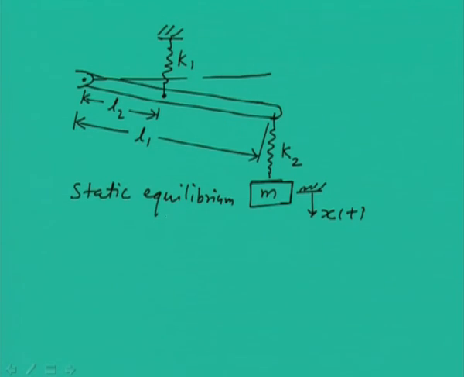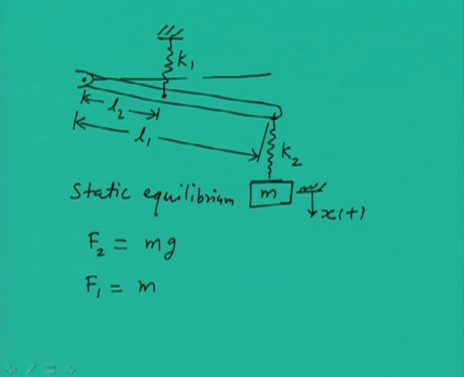So for this static equilibrium position, what will be the force acting on spring 2? On spring 2 we will have a force equal to the weight of the mass. And what will be the force acting on spring 1? When we apply an mg force here, how much force it gets at K1 we can calculate because we know the dimensions L1 and L2.